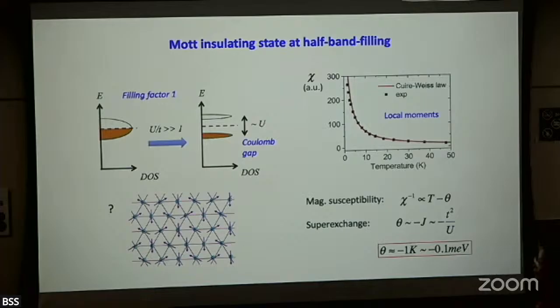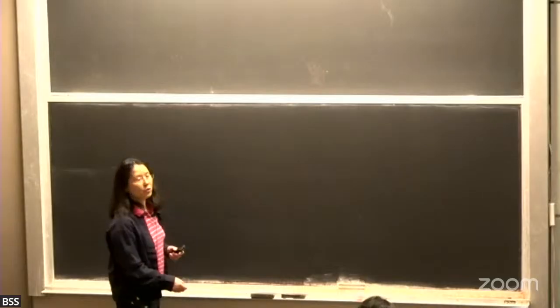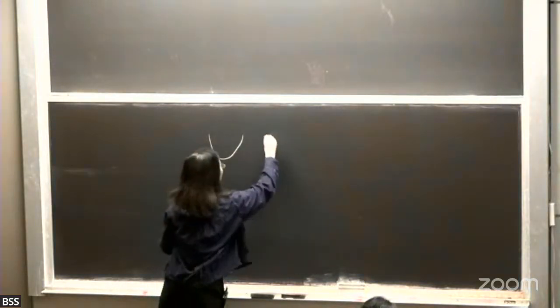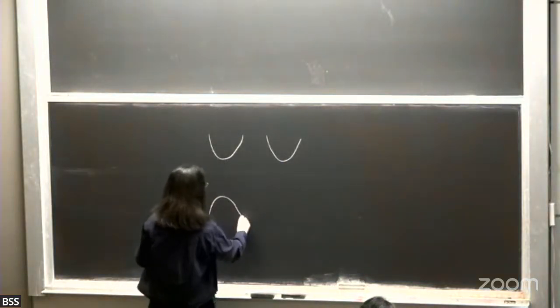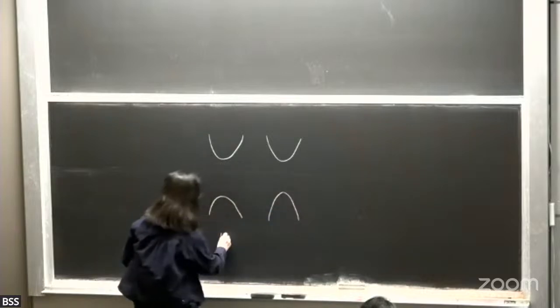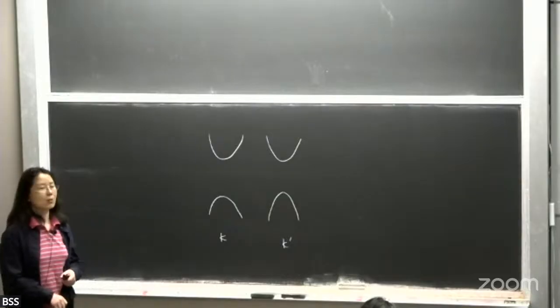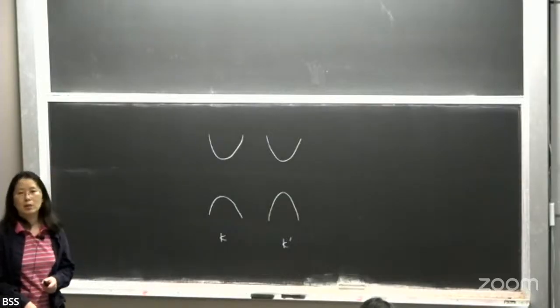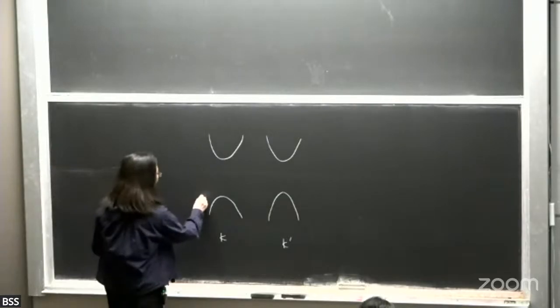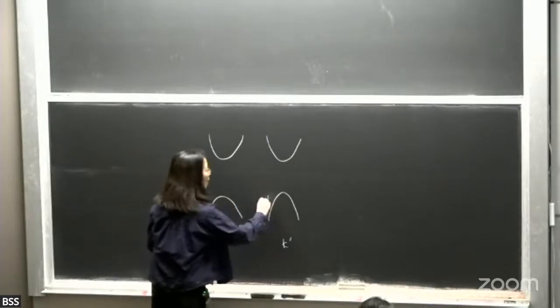Let me do this here. I don't have slides. I showed you the band structure of this material. We have a K point and a K prime point, and let's just ignore the spin-split bands. Let's say this is spin up and this is spin down.